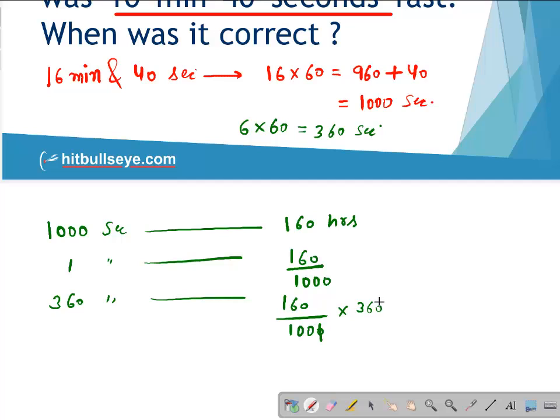Now students, cancelling the zeros, then 2's here, you get a total of 288 by 5 hours, that is 57.6 hours. Now students, think about this.